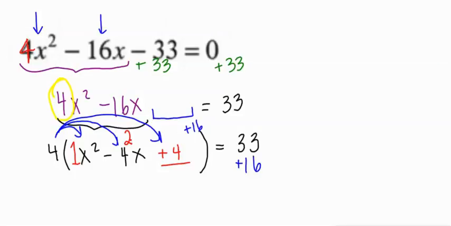Therefore, I need to add 16 to the right-hand side of the equation. That's going to give me 4 times x squared minus 4x plus 4 equals 49.